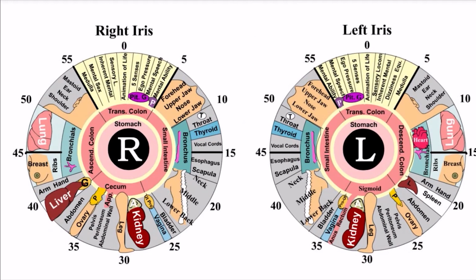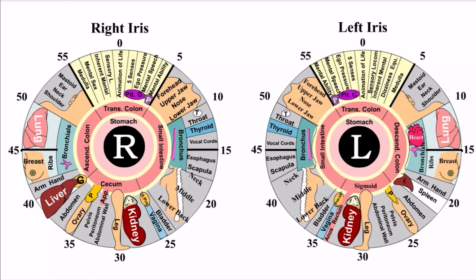This is essentially, there's a couple of little things that aren't pure Jensen chart in here, but this is essentially a Bernard Jensen chart. And in his chart, we have what is known as the brain zones. And we can see that the brain zones are located in both eyes in the 11 to 1 o'clock region.